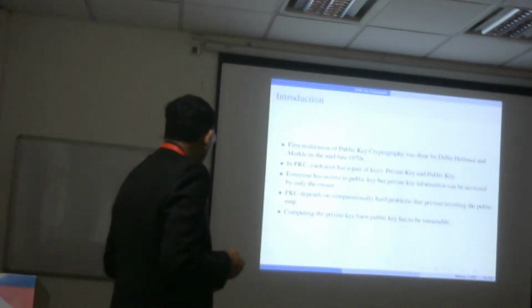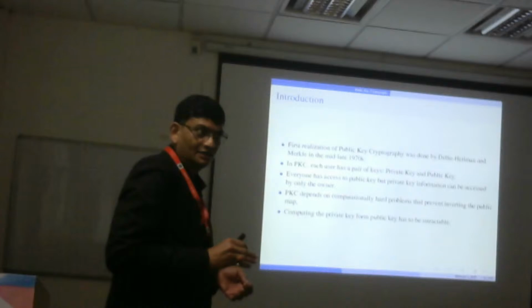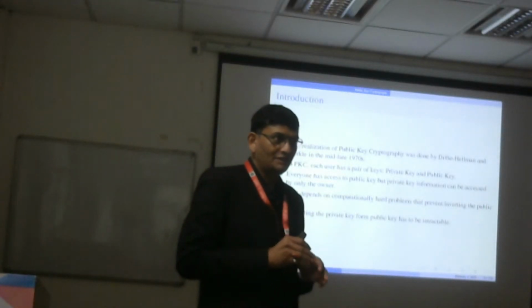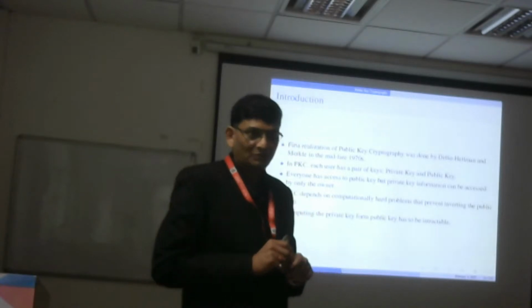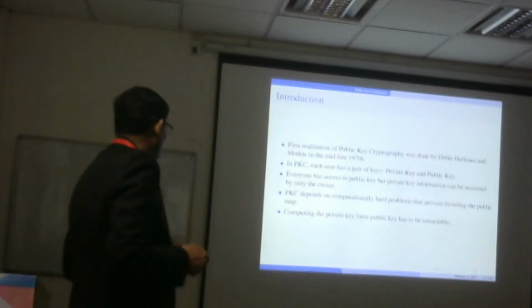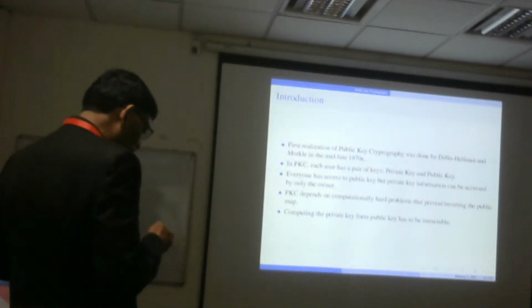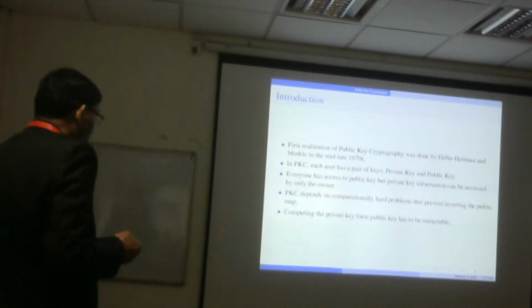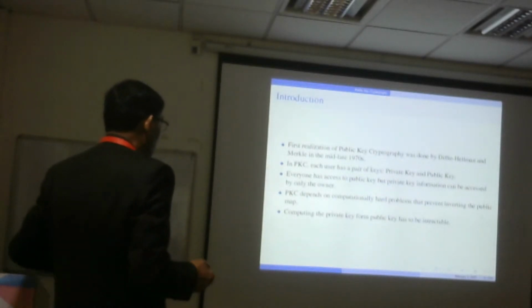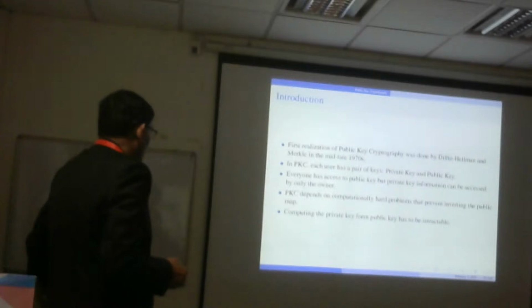So you know what is public key cryptography? Yes, sir. I think everyone knows what public key cryptography is. Okay. So I will introduce it in just one or two slides. It was first introduced by Diffie, Hellman and Merkle in the mid-1970s.